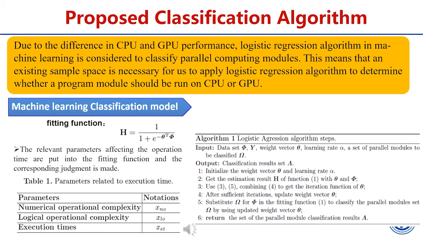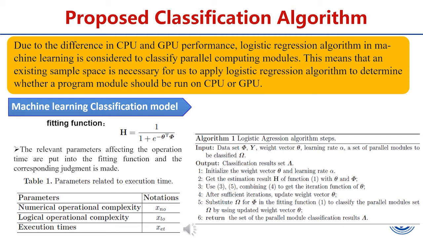This means that an existing symbol space is necessary for us to apply the logistic regression algorithm to determine whether a program module should be run on CPU or GPU.